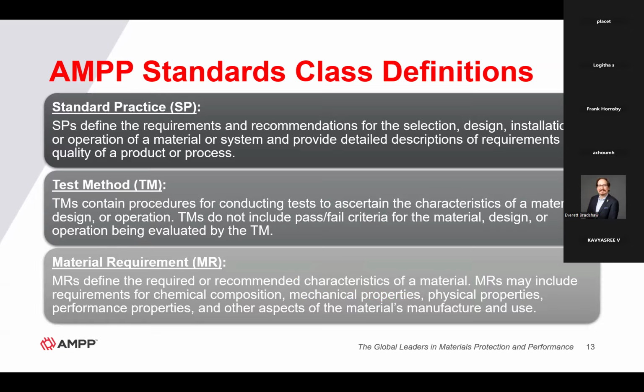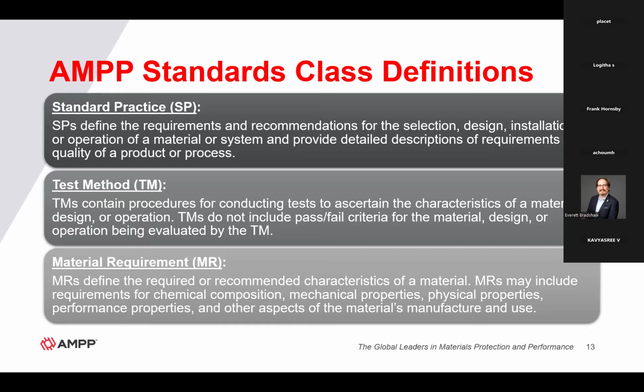So that could include selection, design, installation, operation, any of those details. And they provide detailed descriptions of the requirements with very prescriptive language, so shall and must type statements.